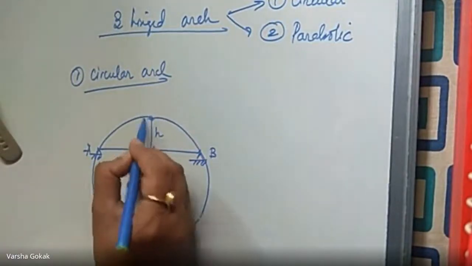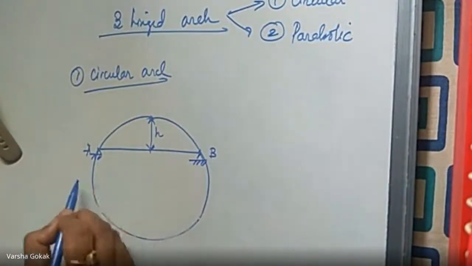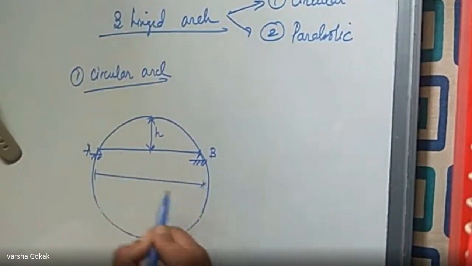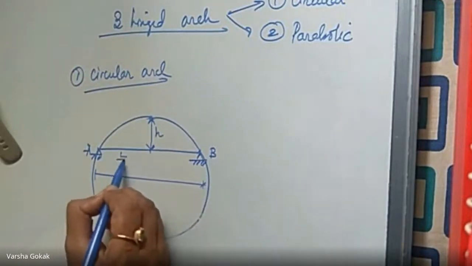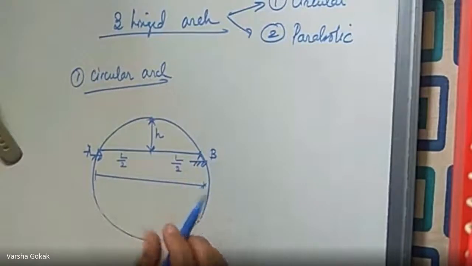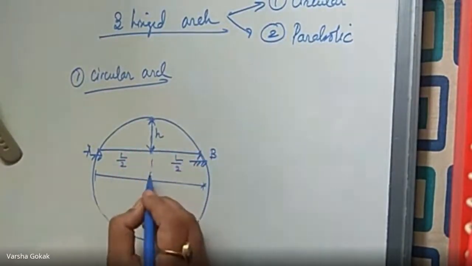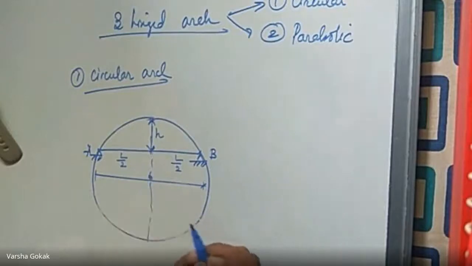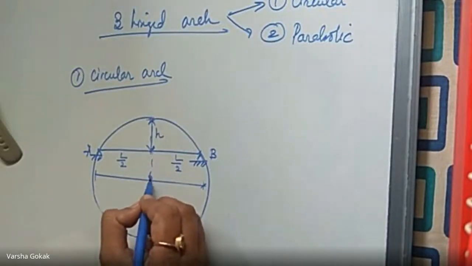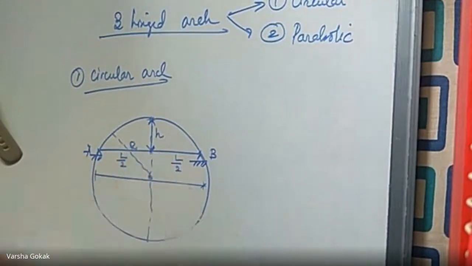Let us call it H, so height or H or rise you can call it. This total from here to here, let it be L, so this would be L by 2, this would be L by 2, half of each. Now this is the diameter, and somewhere here is the center of the circle. If I draw a dotted line, it is R, the radius of that particular circle.